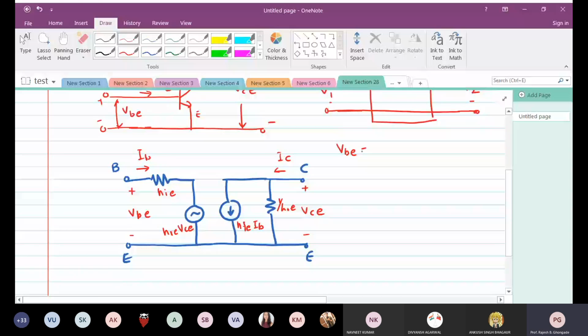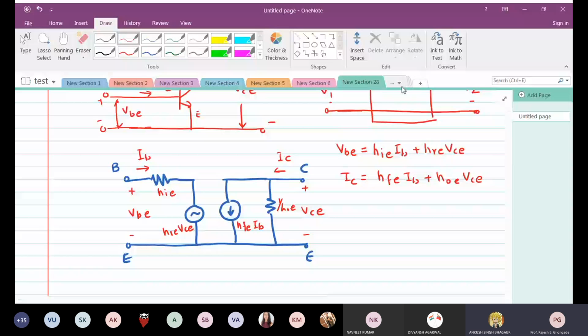Do you remember those two equations which we started off with? It will become HIE into IB plus HRE into VCE. And the second equation, IC, happens to be HFE into IB plus HOE into VCE. Just recollect what we had done in the case of two-port networks.